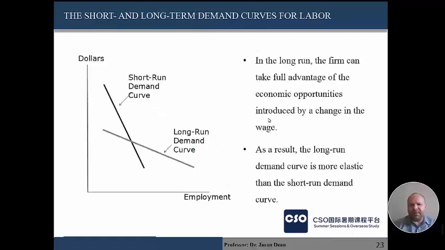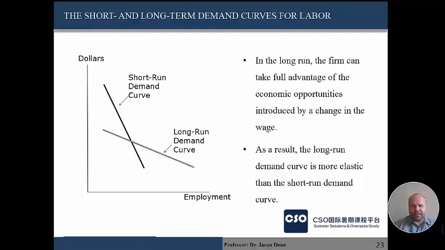In theory, there's going to be some differences between the short run demand curve and the long run demand curve. In the short run, there's less opportunity for the firm to substitute for a particular input. A way to understand this is to consider, for example, an increase in the wage. In the short run, the firm might have some opportunities to substitute, but in the long run, surely there's going to be much more opportunity to substitute away from labor.